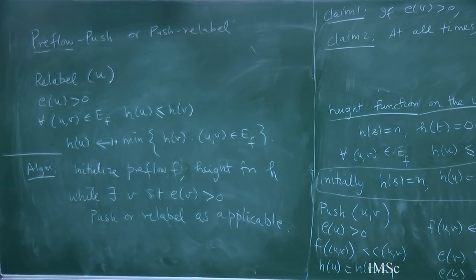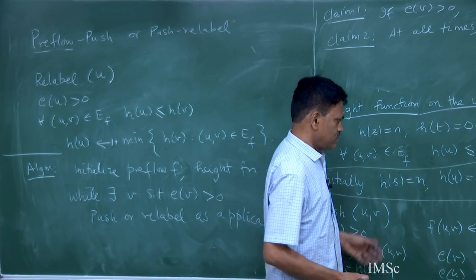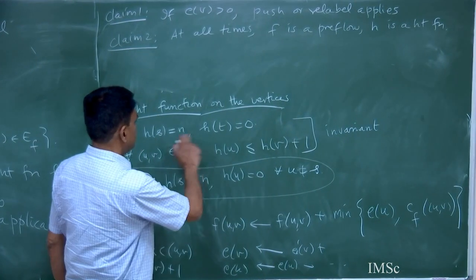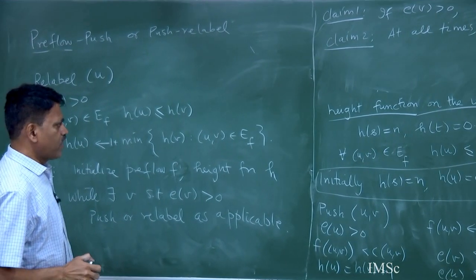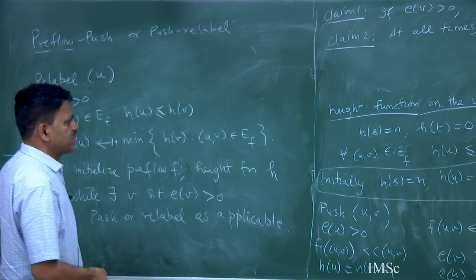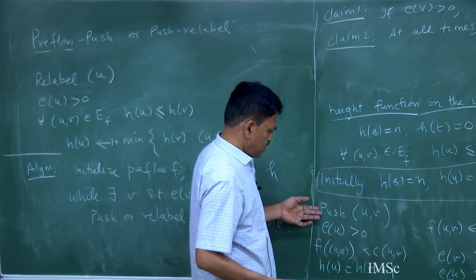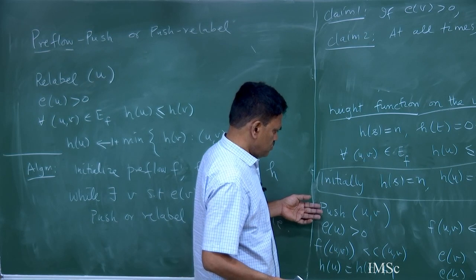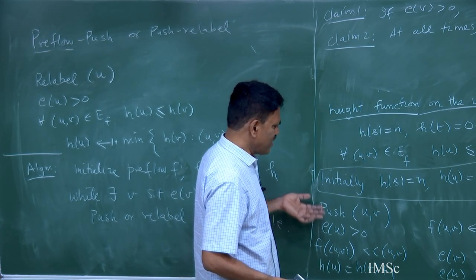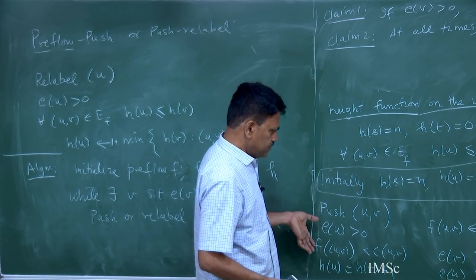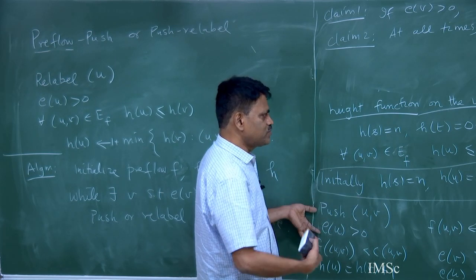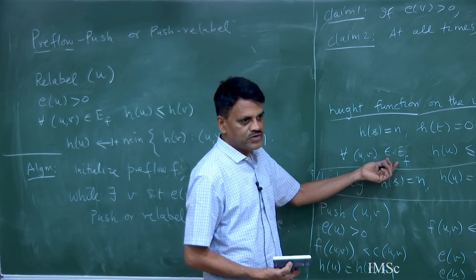Height of s and t never change. There are only two operations we'll do, so let's verify that. When I am pushing, I'm not really changing the height of any vertex, but some reverse edge may get into the residual network which was not there before.